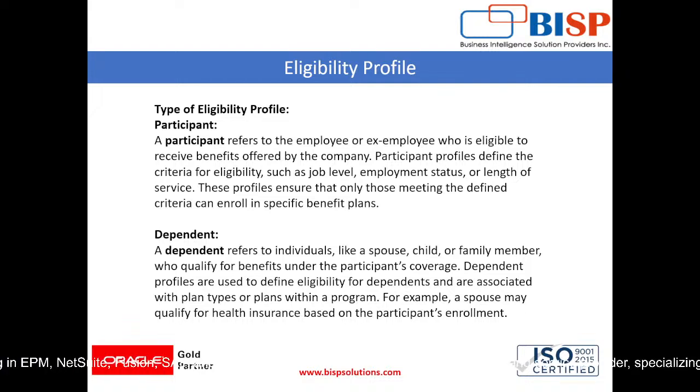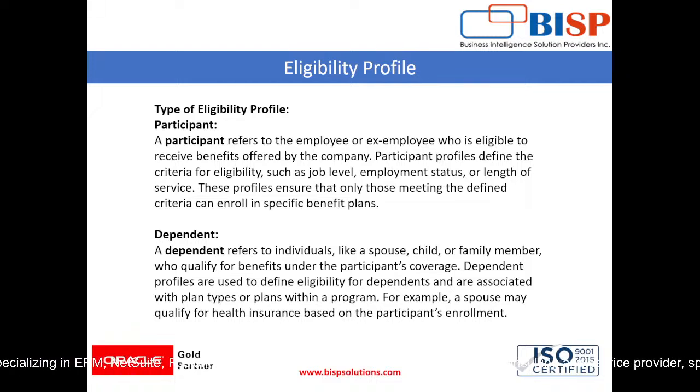A dependent refers to an individual like a spouse, child, or family member who qualifies for benefits under the participant's coverage. So basically, if you have dependents who depend on you, your spouse, your child, or a family member, and they qualify into your benefit plan, for that purpose you will create an eligibility profile.